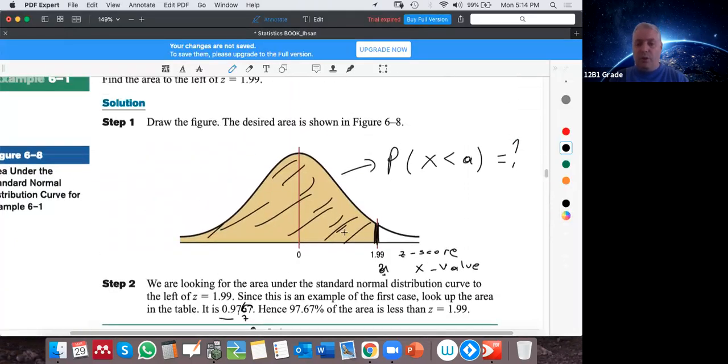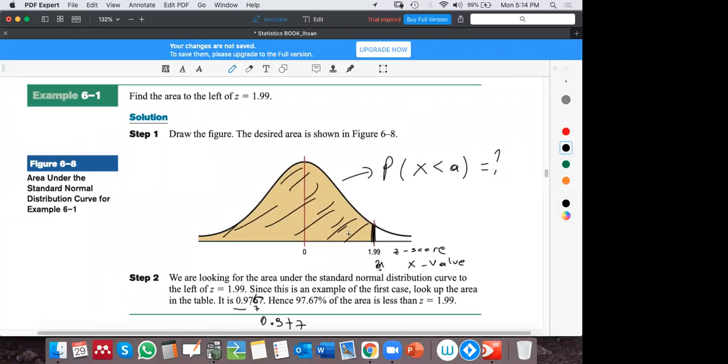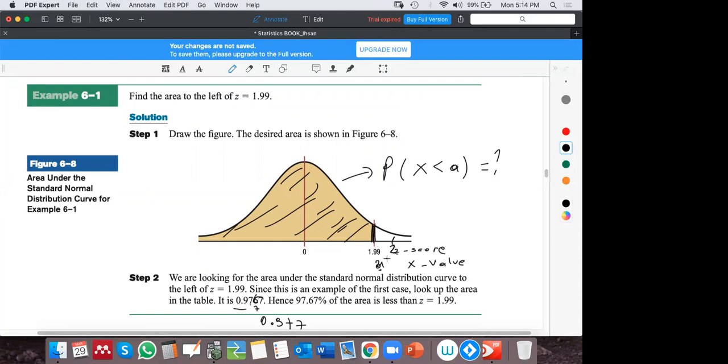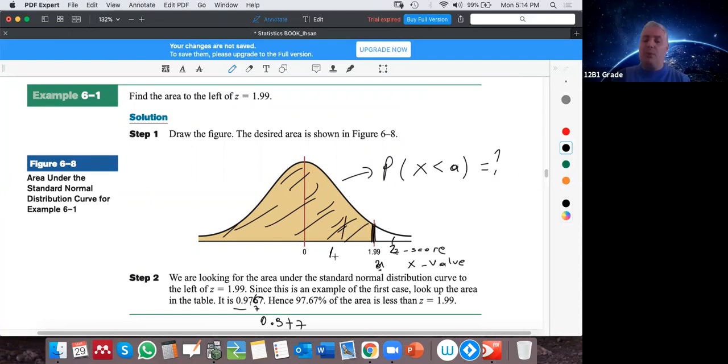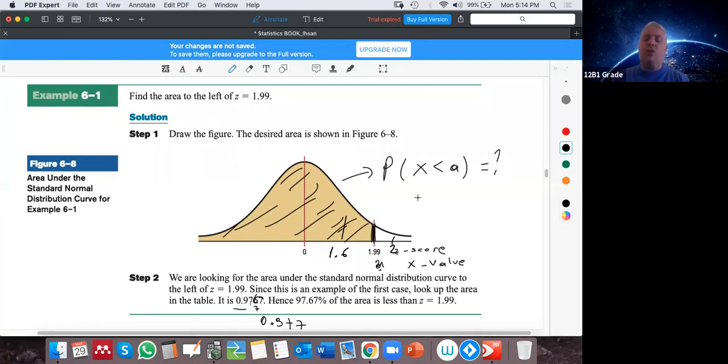Now, question. What if we are trying to find more than 1.99? Everything you can put. You can put 2, you can put 1.6. I want to find how much is after 1.99. It's so simple. You can calculate this one, and 1 minus that z-score's area will be the answer to your question.